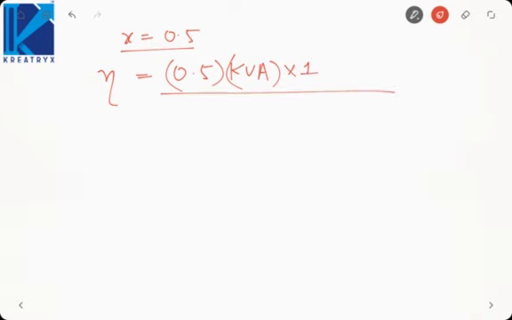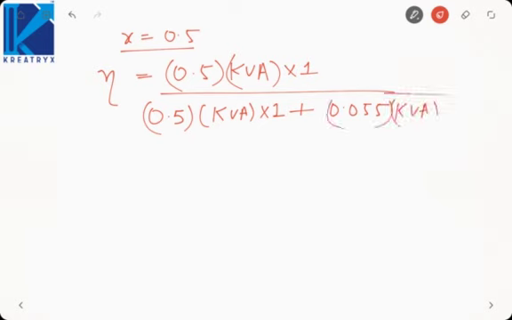So for half load, x will be equal to 0.5. So eta will be 0.5 into kVA, and it is saying same power factor, that is 1. Then 0.5 into kVA into 1 plus iron loss, which is 0.055 into kVA, plus x square PCUFL.